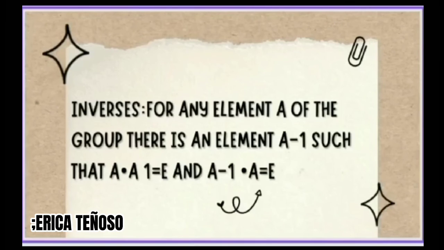Inverses: for any element A of the group, there is an element A minus 1 such that A times A minus 1 equals E, and A minus 1 times A equals E. The group contains inverses: if we have an element of the group, there is another element of the group such that when we use the operator on both of them, we get E, the identity.